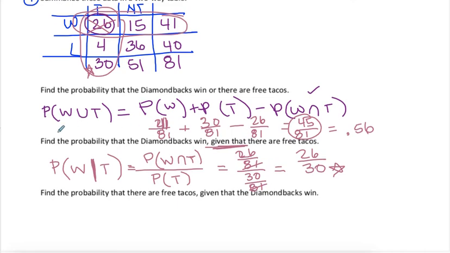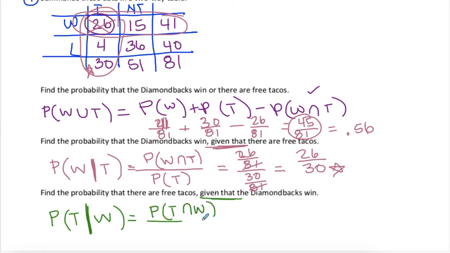On our last one, it says find the probability that there are free tacos given that they're winning. That's our new formula. So if we know they won, what's the probability that they got tacos? Again, we can find the probability of tacos and a win, and then the probability out of wins.